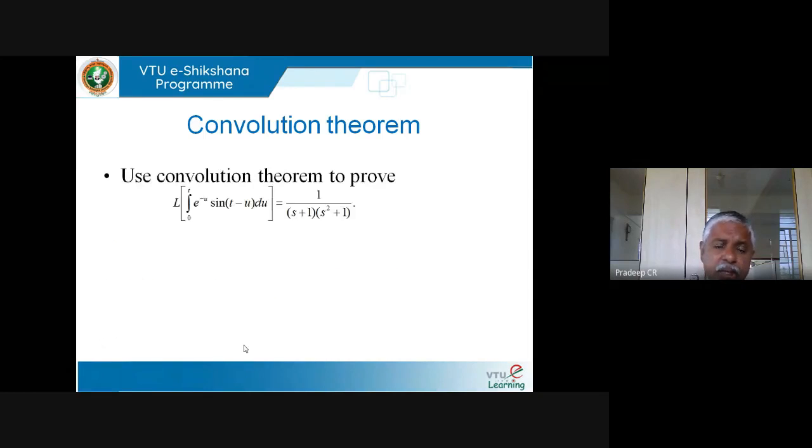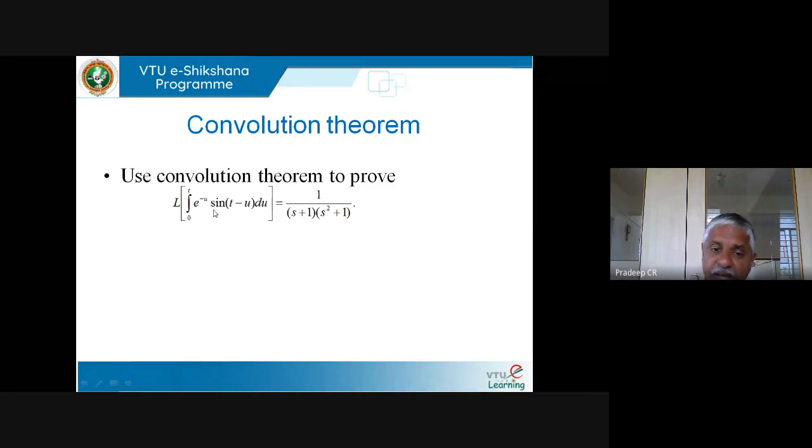Another kind of problem is to find the Laplace of bad integrals. A bad integral means a priori it looks pretty pathetic: the integral of e power minus u sine of t minus u du. How do I integrate? Actually I have not integrated this at all, but still I have found the Laplace of this using the convolution theorem, by just recognizing that what is inside the integral is a convolution of two functions, and for both the functions I can find Laplaces very easily.